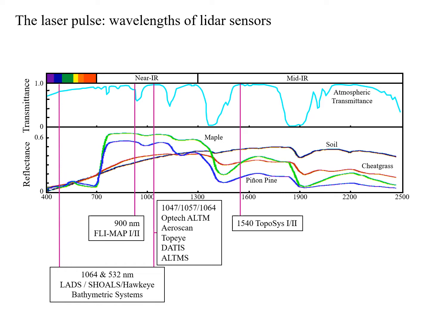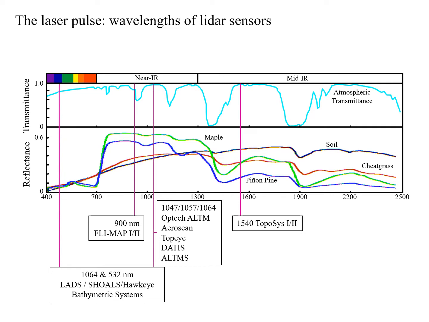For bathymetry, which is basically just the topography of surfaces underwater, we need to do something near the blue. And so what we do is we take the 1064 light and put it into a frequency doubler, which is a little crystal that does what it seems like.